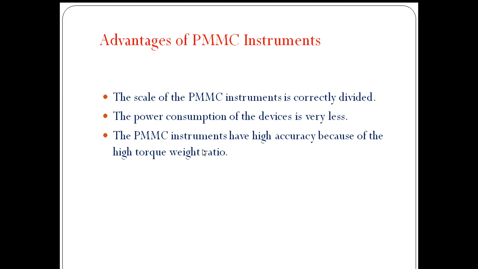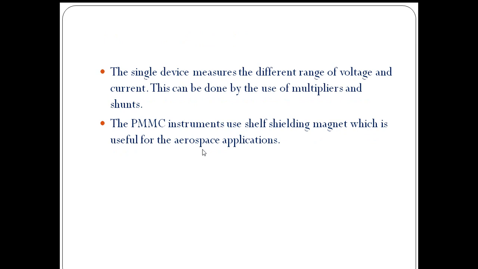PMMC instruments have high accuracy because they have a high torque to weight ratio. And a single device measures different ranges of voltages and currents. This can be done by using multipliers and shunts.